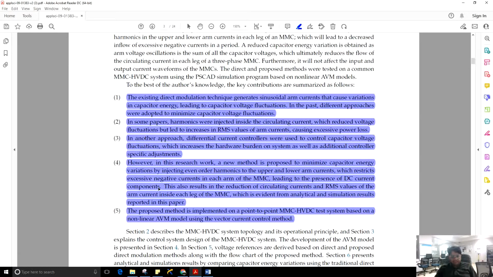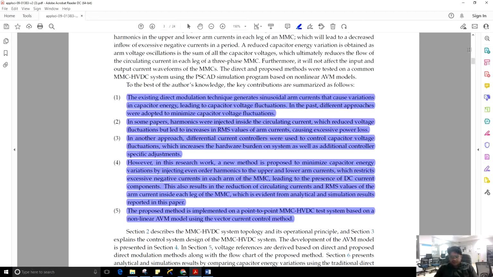So in this method, basically you add second and fourth harmonic in the reference signal, and due to the addition of the second and fourth harmonics, the shape of the arm currents will be different. These arm currents will not be purely sinusoidal in nature, but overall their shape will be different, and DC current components will have a higher value.